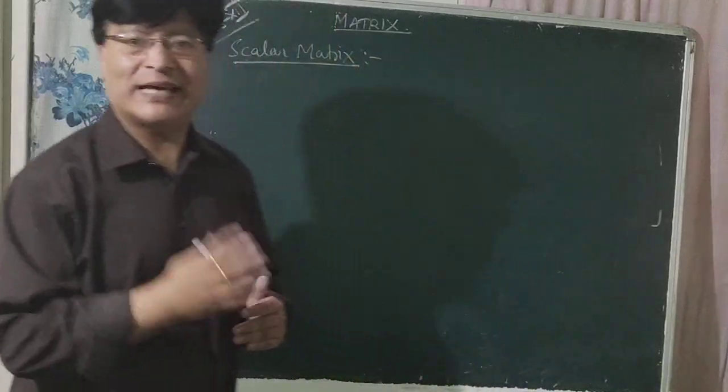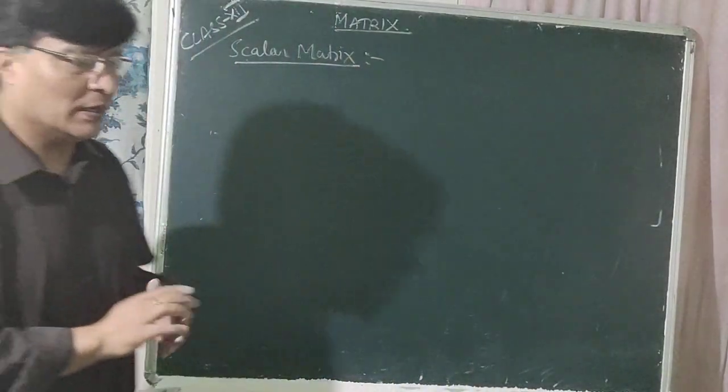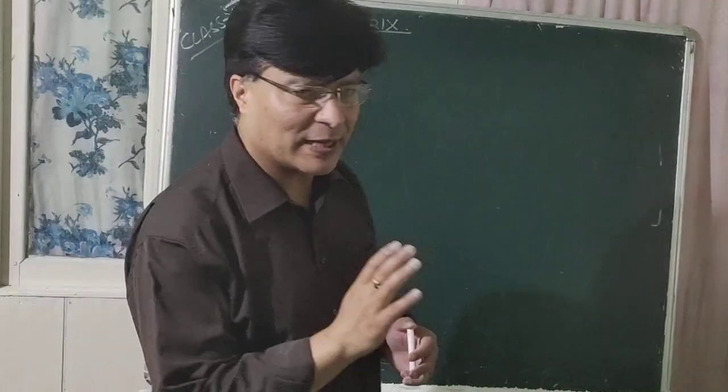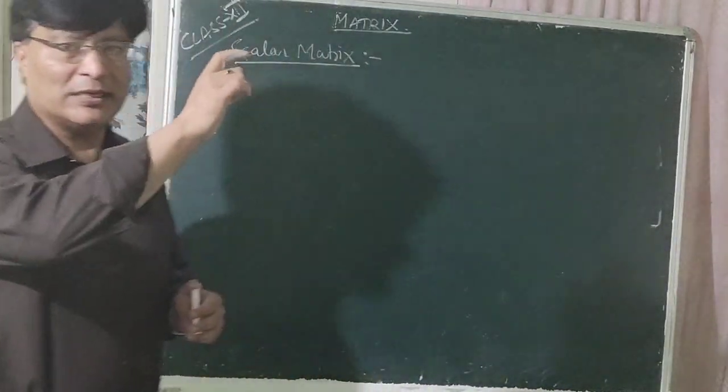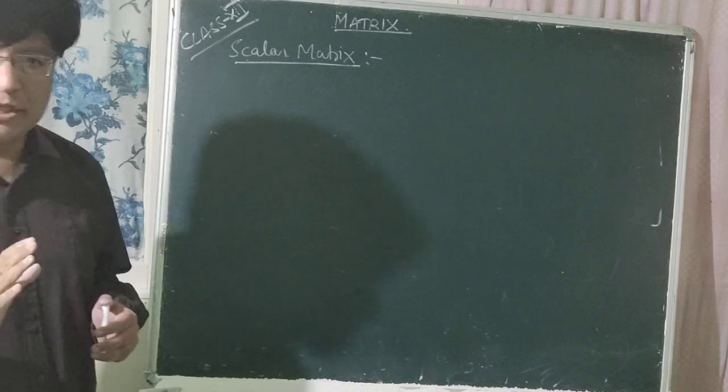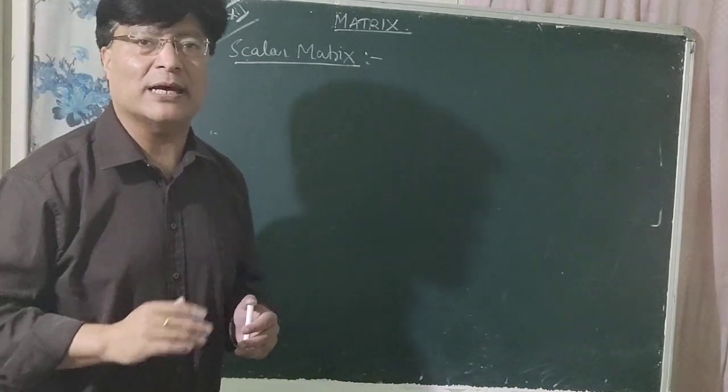You know about diagonal matrix. A diagonal matrix is a square matrix in which the elements of the leading diagonal are non-zero but all the other elements are zero.